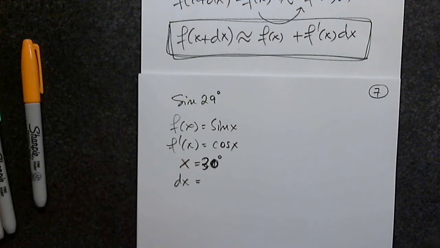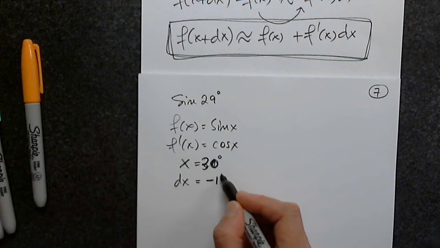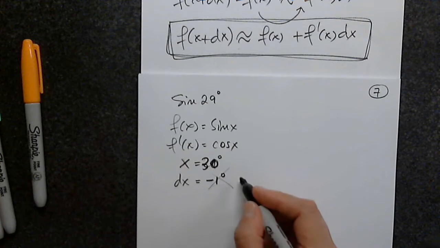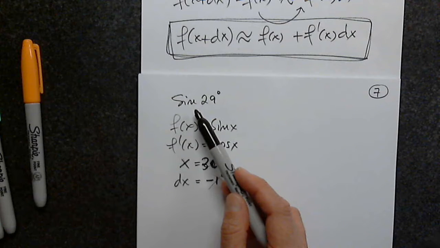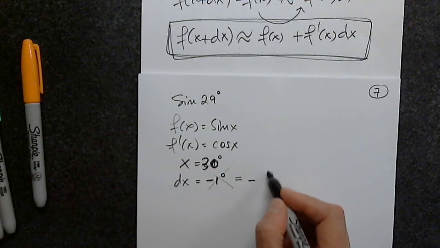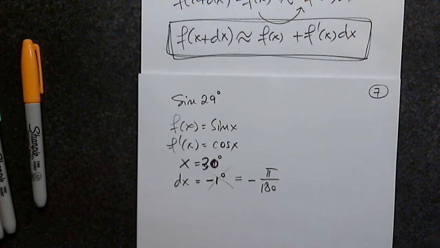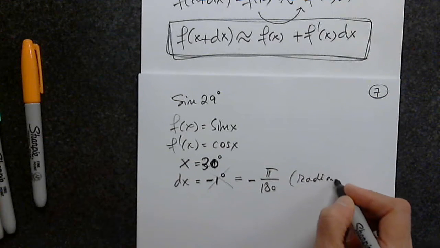How much is dx? Careful. We do not use degrees in calculus. Yes, if I plug it in a trig function, but not if it's a standalone. So this would be negative pi divided by 180 in radians. I don't have to write radians once I see pi, it's clear, but let me write it this time.